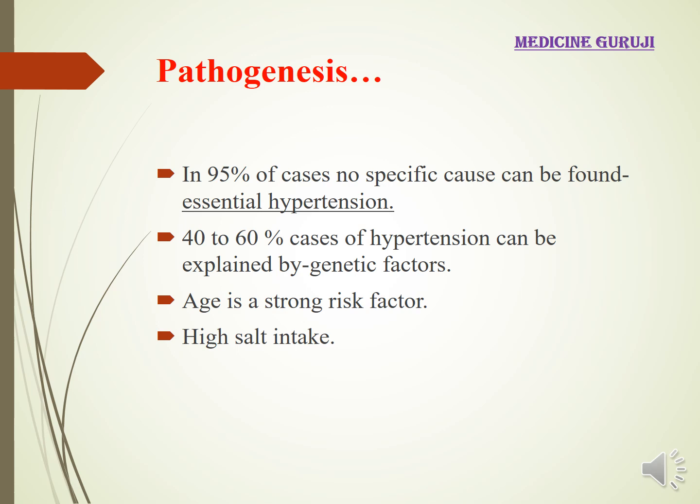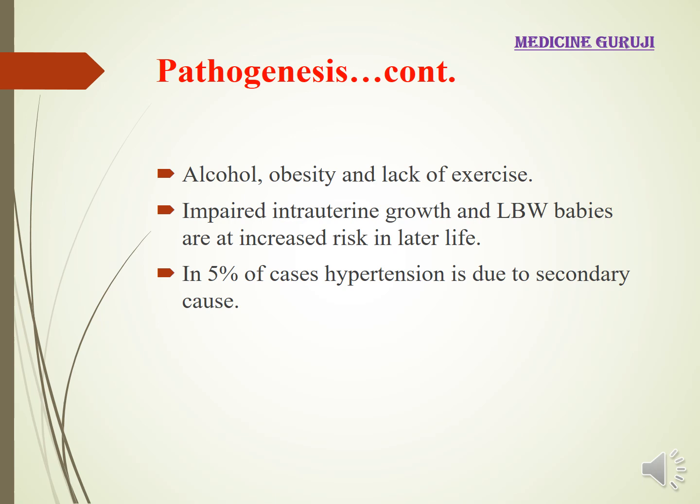Age is a very strong risk factor, and also high salt intake. High salt intake is very important in today's life, when we are eating too much junk food and fast food.